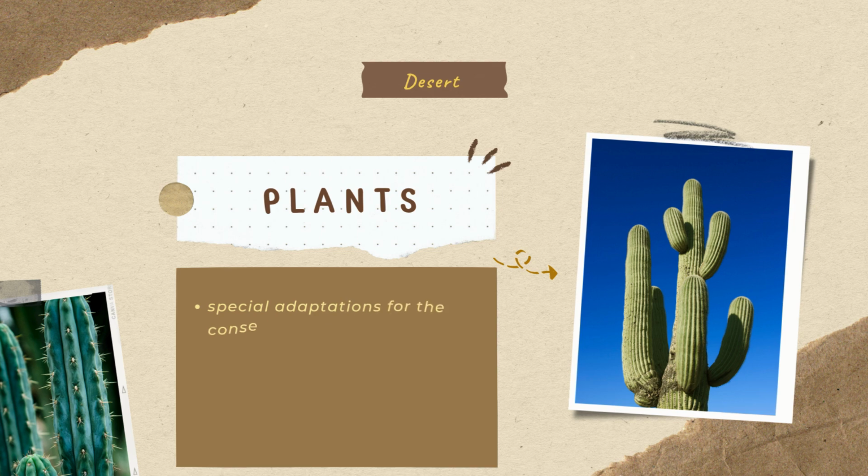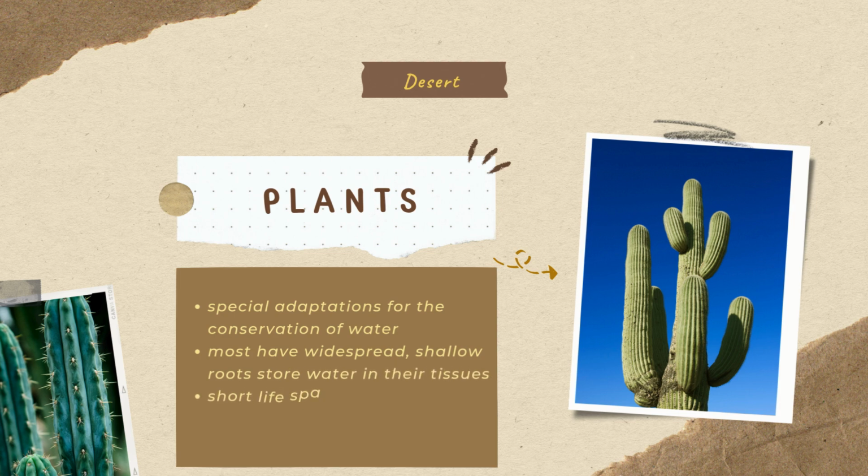So, like any other biomes, desert plants and animals have their own adaptations to survive within these particular biomes. Like, for example, desert plants have special adaptations for conservation of water, through their widespread shallow root system that allows them to store water within their tissues. And obviously, if you're going to check their structure, it's fleshy.